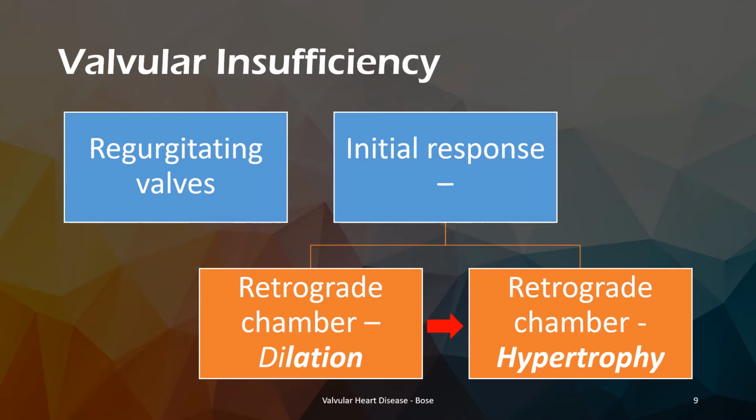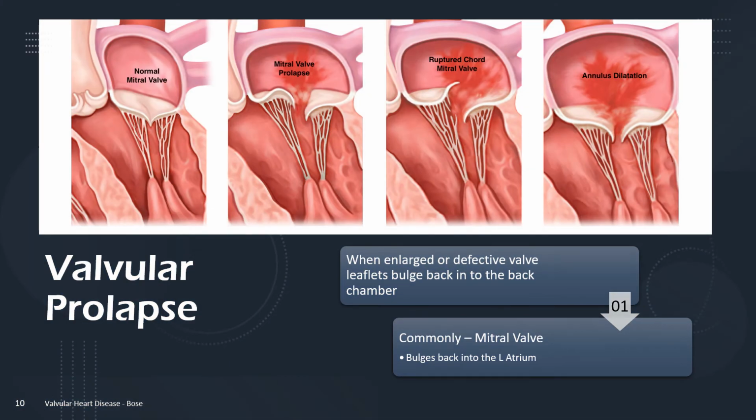Eventually, this dilatation will convert to remodeling of the chamber and result in hypertrophy and eventually heart failure.